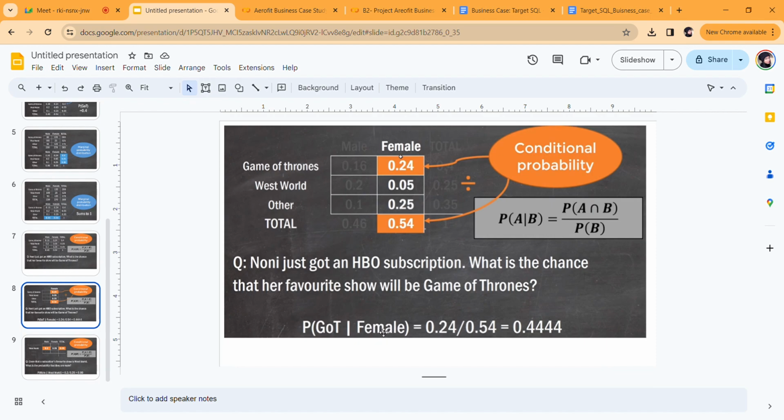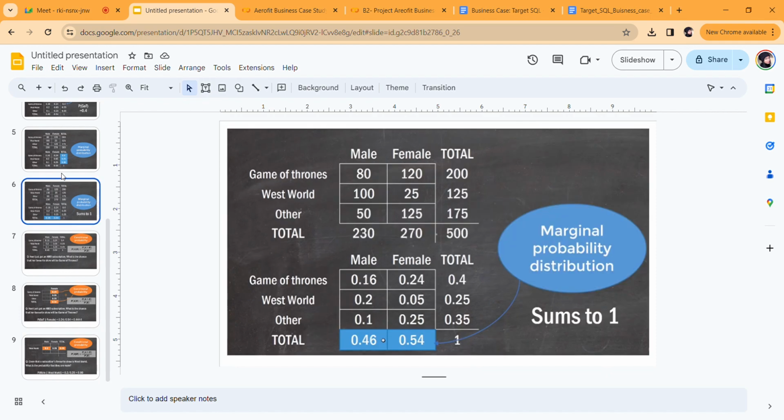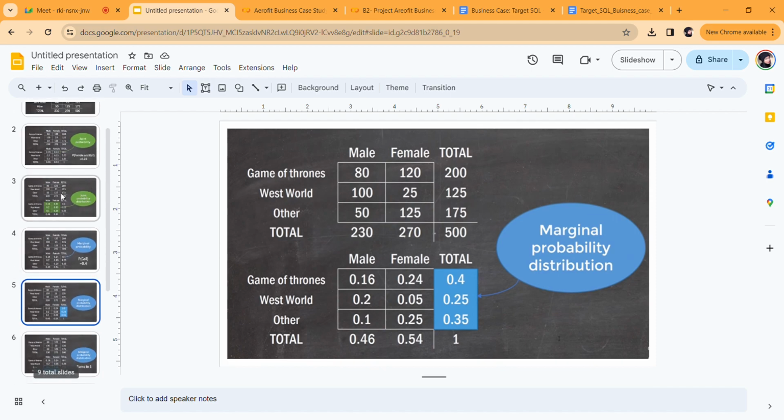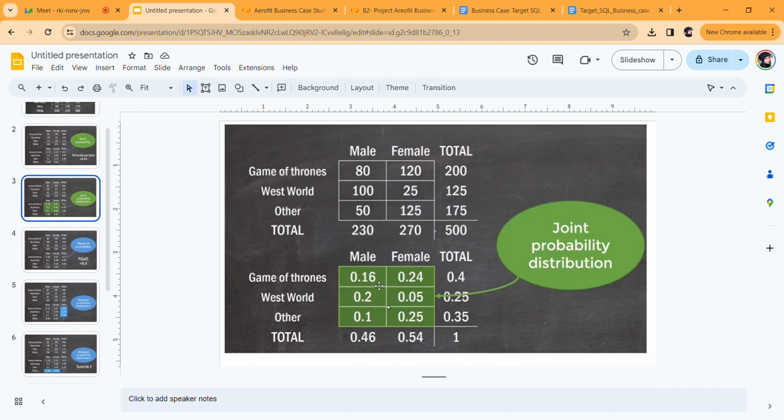Total probability is taken as the denominator, and it is written later. After that, whatever probability you have to find out, her favorite show is Game of Thrones, so this one, GOT, you take as the joint probability of GOT and female. Whatever is inside the box is the joint probability.